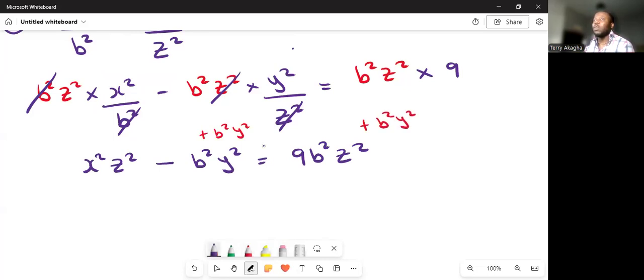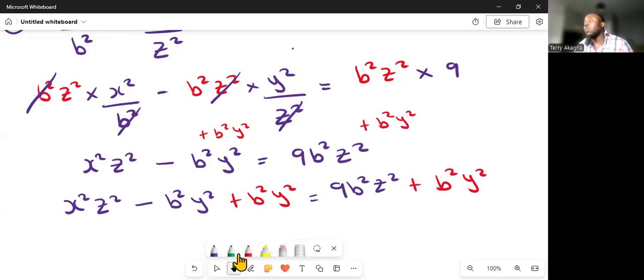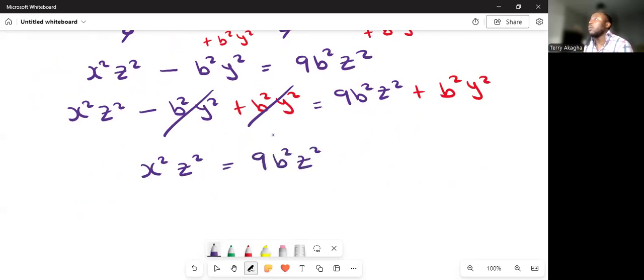So it's going to become x squared z squared minus b squared y squared plus b squared y squared will now be equal to 9b squared z squared plus b squared y squared. Then this will cancel this out. So you now have x squared z squared is equal to 9b squared z squared plus b squared y squared.